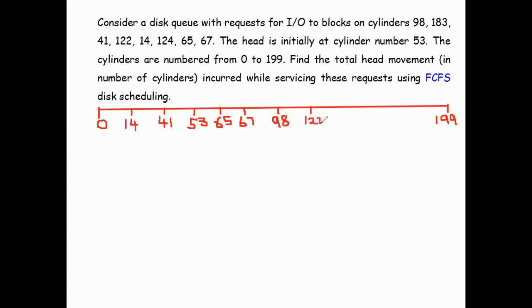And after 124, 183 is represented in the number line. This is the way how to arrange the given cylinder numbers in ascending order in the number line. The problem states that initially the head is at cylinder number 53. So, let me mark here for 53.